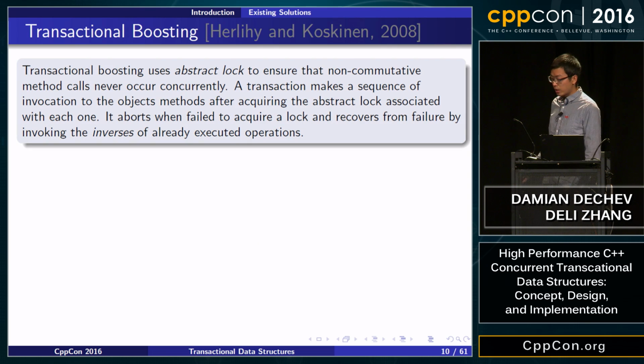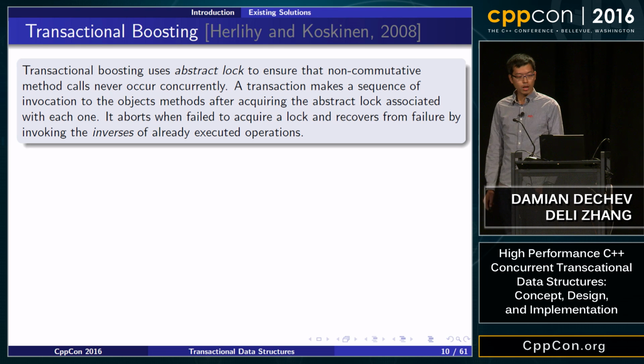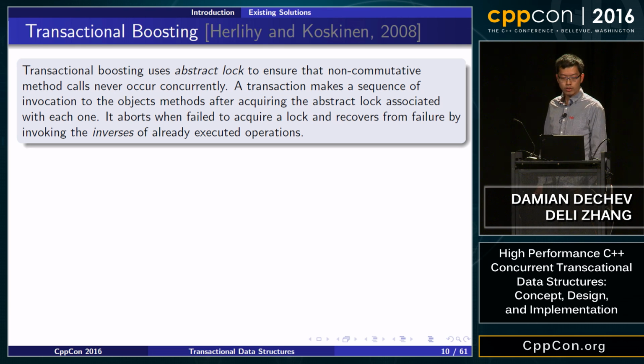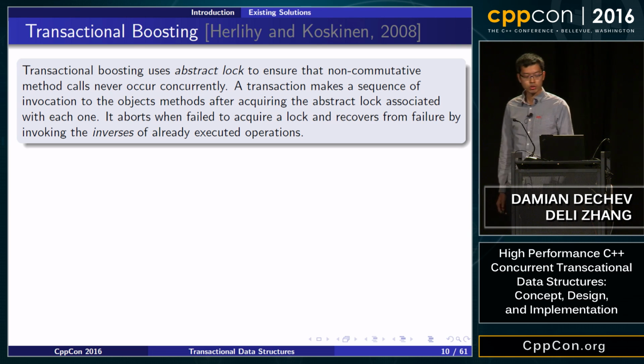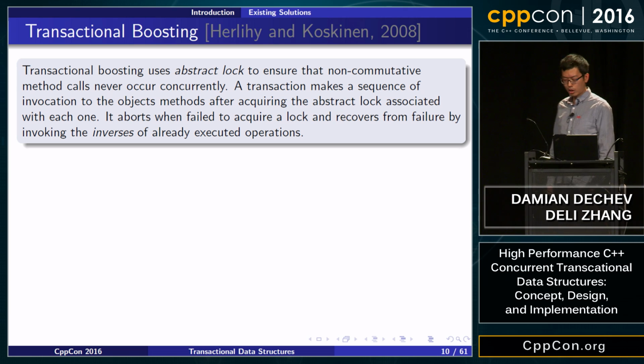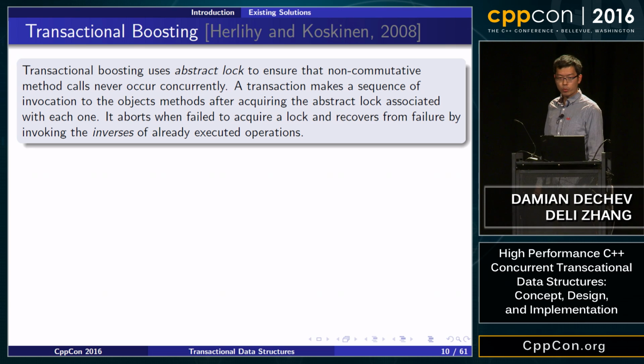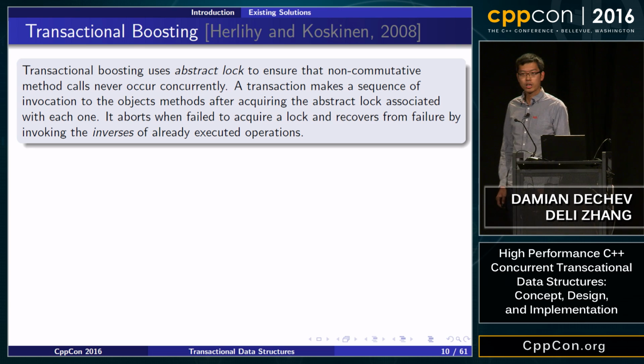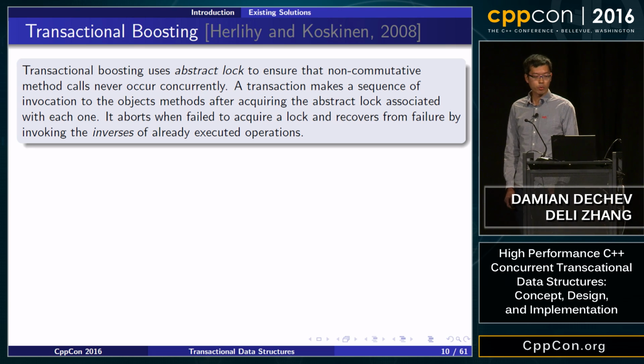To address the semantic conflict issue, Herlihy and Koskinen proposed transactional boosting, which is actually a very cool technique to obtain a transactional data structure from a base linearizable data structure. In transactional boosting, all we need is a linearizable data structure to start with, and each operation needs to acquire an abstract lock before actually executing the operation.